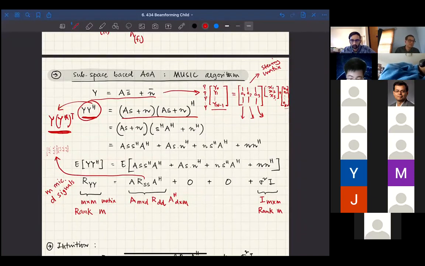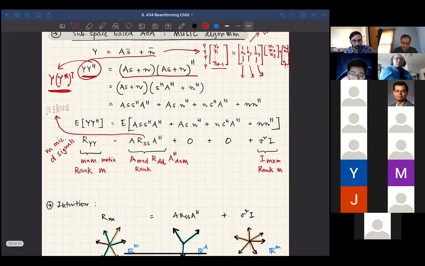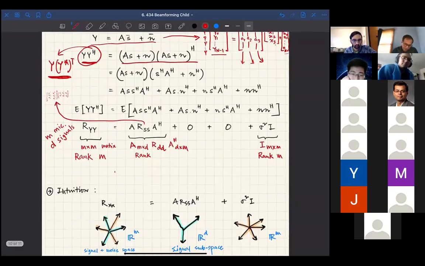Now, the rank of this matrix A, RSS, AH is how much? Let me say one thing. The rank of a product of matrices AB, did we talk about this in the homework?